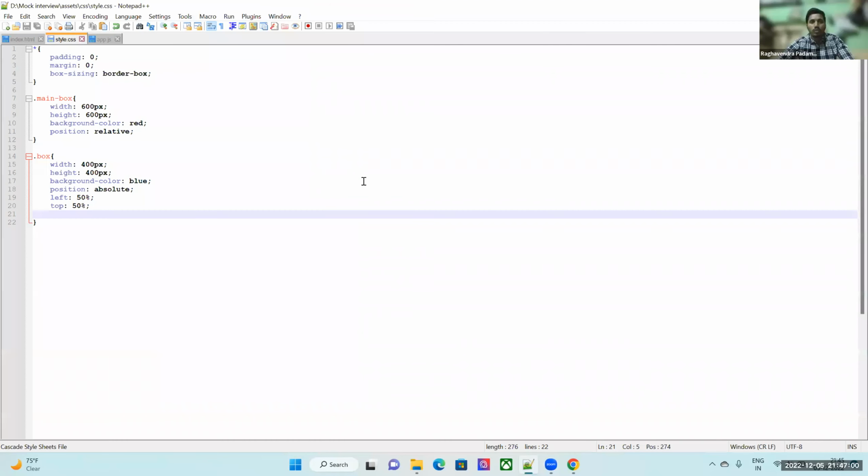Holding the reference means, sir, the values are not copied, only the reference is given. The original value will stay in its position, sir. Okay, show me with an example. Okay, sir.